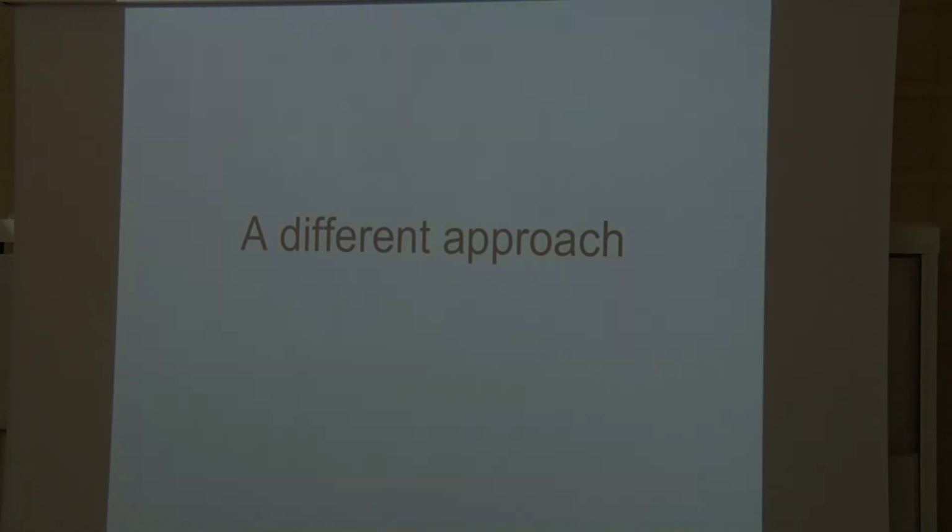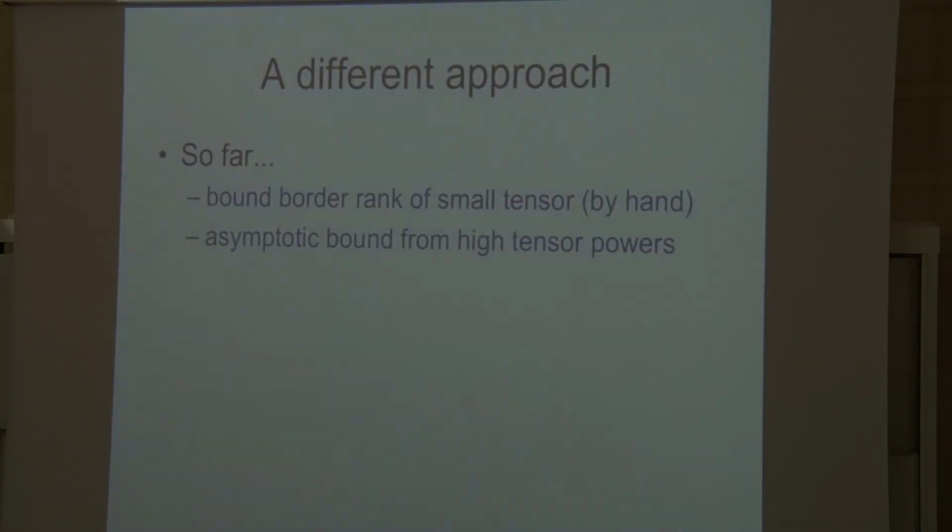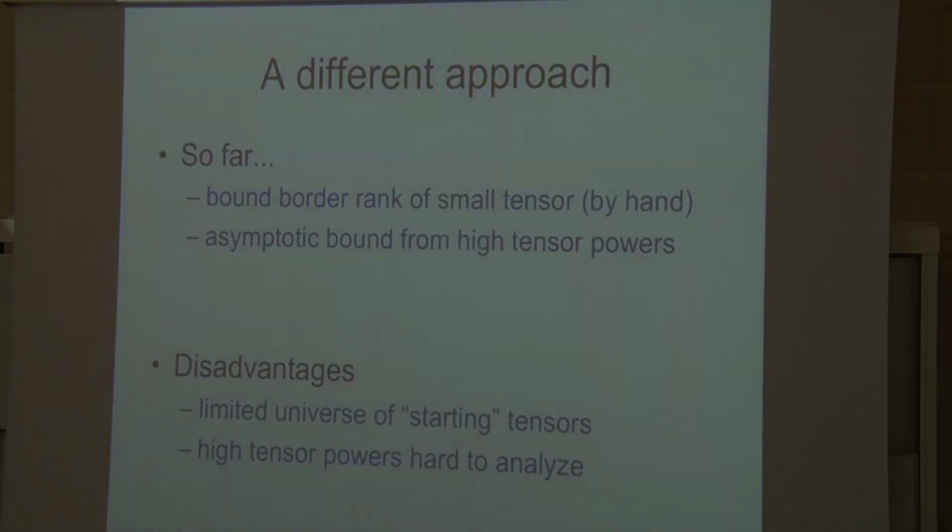We bound the border rank of small tensors, and then you get an asymptotic bound from high tensor powers. The disadvantages are that there's a limited universe of starting tensors that seem to be useful, and high tensor powers are hard to analyze.